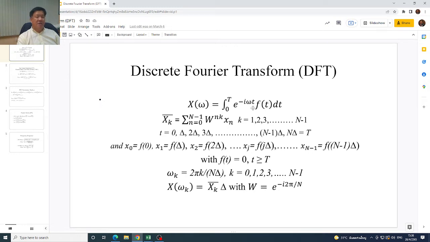They also play a big part in many applications, even in the stock market. For example, if f of t is the amount of buying or selling within the period of T, and you use this formula to change to the omega domain, which is the frequency domain, you are able to identify what we call the bandwidth of buying and selling.